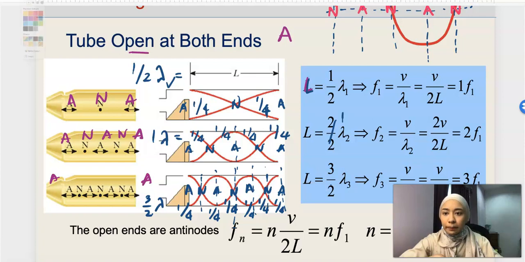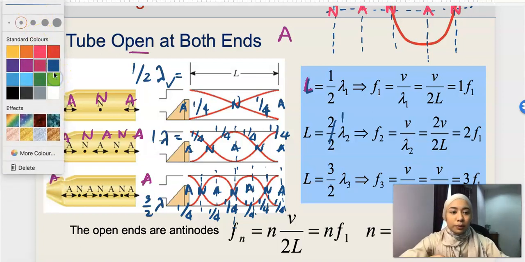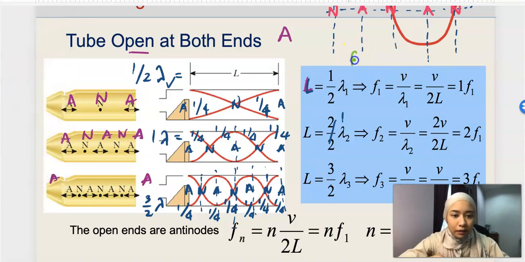Okay, so rearranging, we had an equation before. Previously we had this equation, F equals V over lambda, right? And we substituted lambda in terms of L. So here our L is 1 over 2 lambda 1. So rearranging this, I will get 2L equals 2 lambda. Okay, so this is 2L.